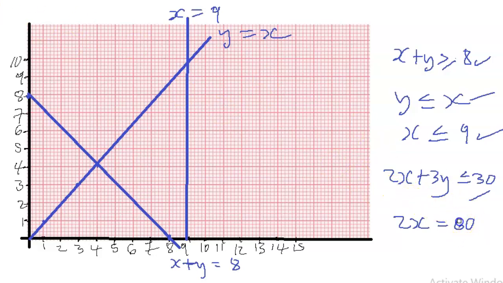Let the y be 0, so we have 2x is equal to 30. Divide both sides by 2. x is 15. So this cuts the x-axis at 15.